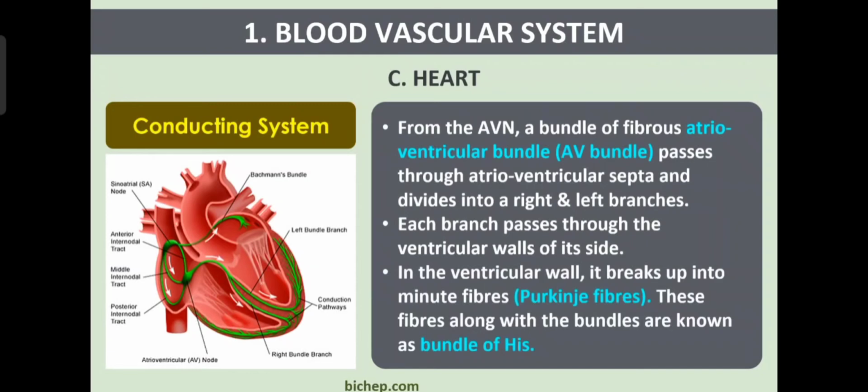You can see small branches coming out from the green line. These small branches are called the Purkinje fibers. Along with the right and left AV bundles, the Purkinje fibers together are known as the bundles of His. Clear?